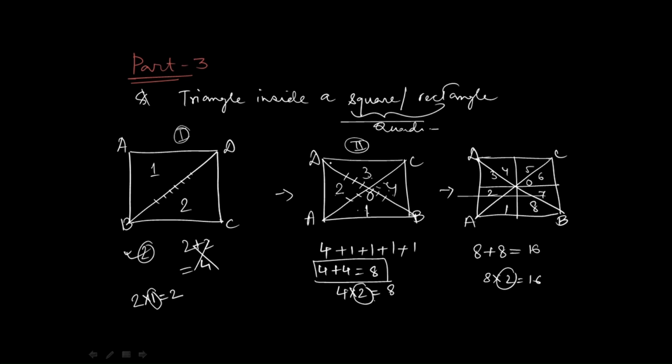Okay, so then the number of parts, like 1, 2, 3, 4, and here 8 parts, right? Here 8 parts in this third figure. So this number of parts multiply with 2. 8 into 2, 16. This is how we have to count this. This can be 8, this can be 10, this can be 12. Okay, so then you have to multiply with 2. I hope it is clear to you.